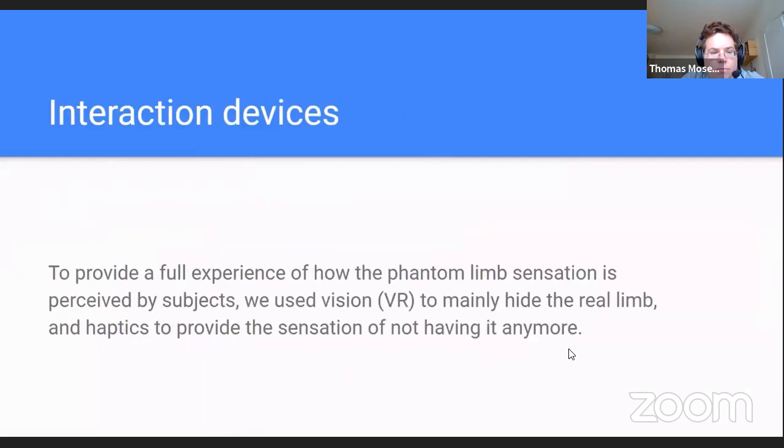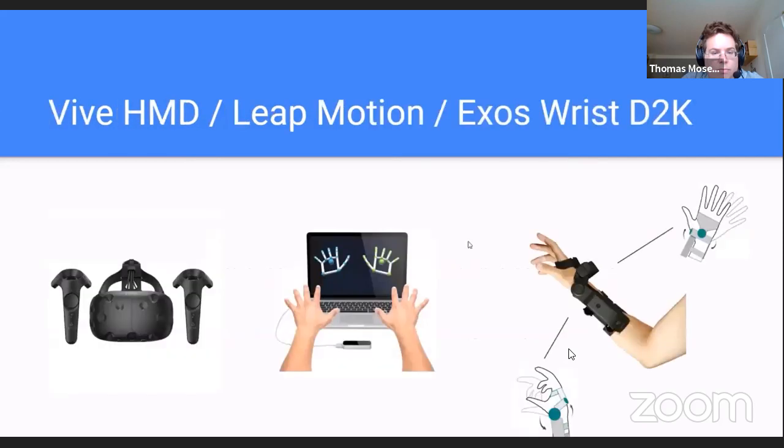So to get to this experience, we decided to use VR to transport the user's sight and hearing into our virtual world, as well as both passive and active haptics to simulate their virtual touching experience. To get there, the Vive head-mounted display was used as a visual portal.